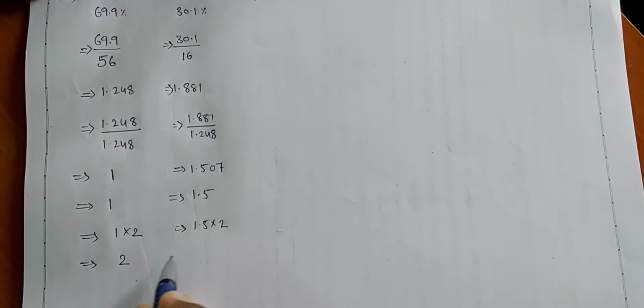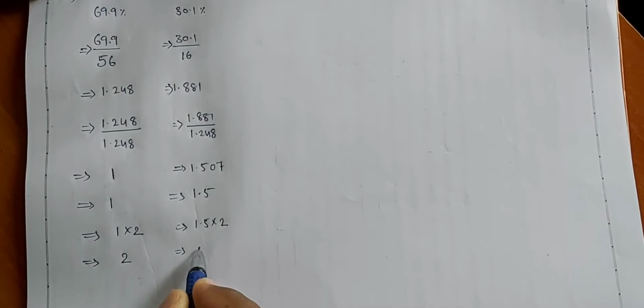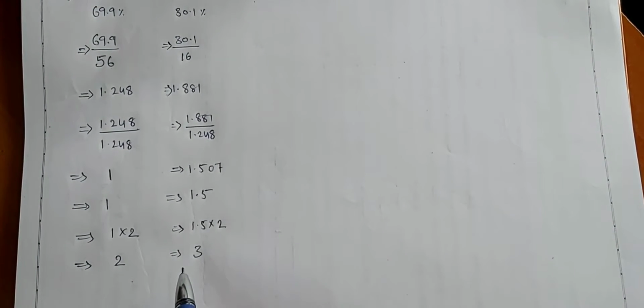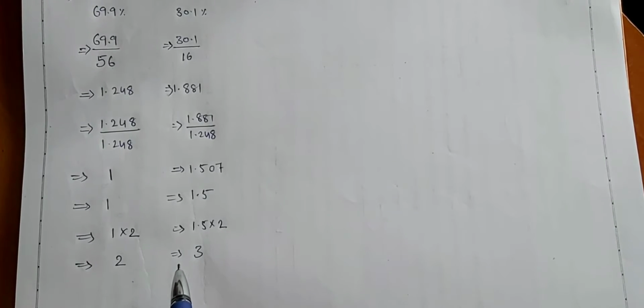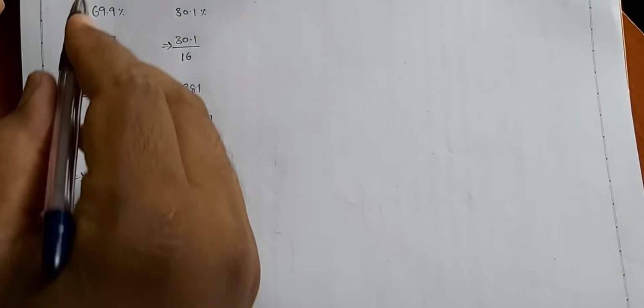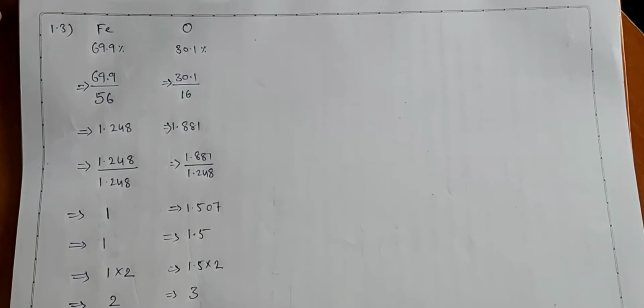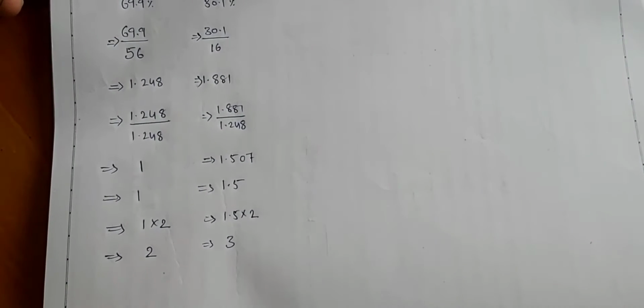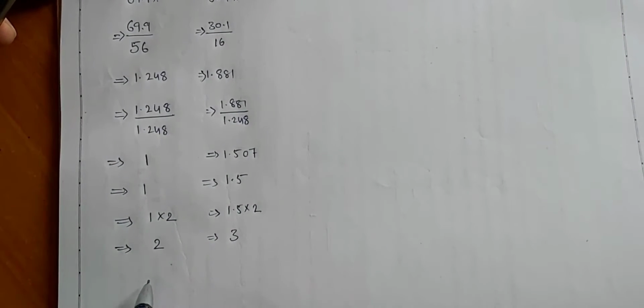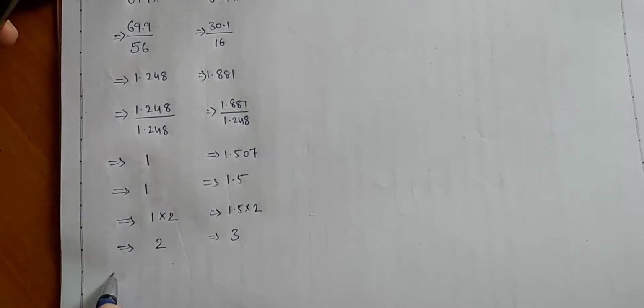Then 2 into 1, 2. Here 1.5 into 2, that is 3. Finally, we got 2 and 3 whole numbers for iron and oxygen. This is the formula that is called empirical formula.